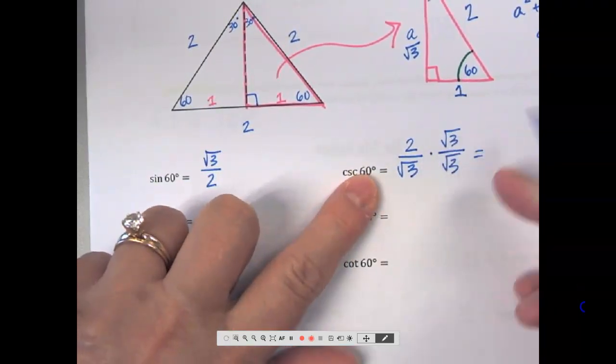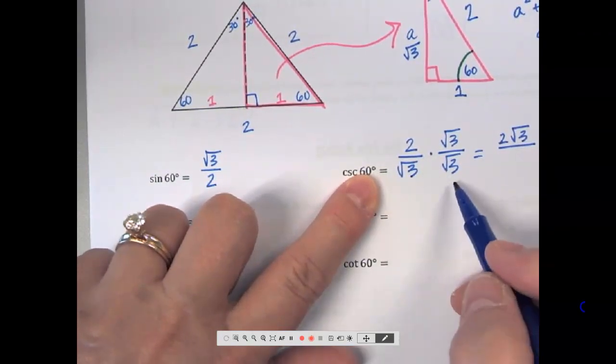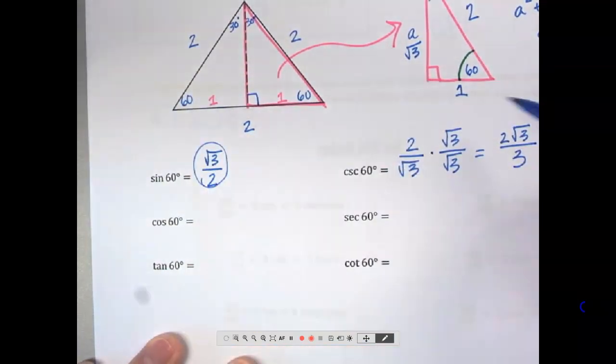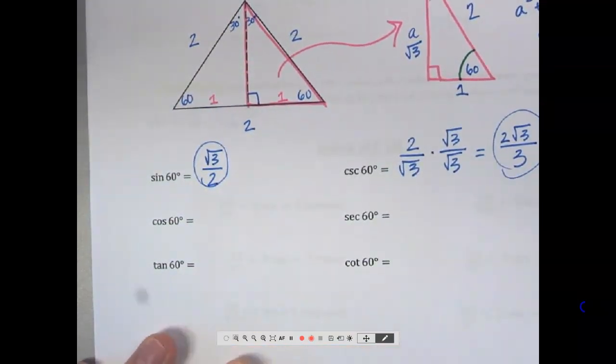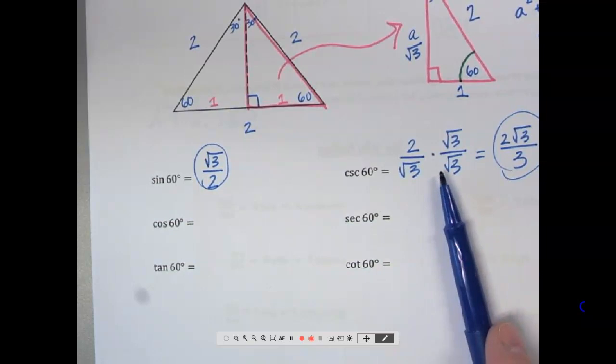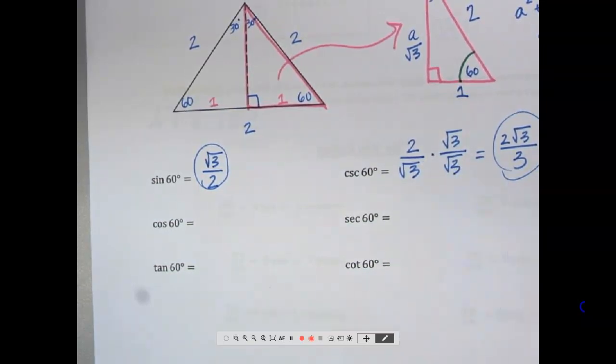And that gives me 2 square roots of 3 over square root of 9, which is plain old 3. Any questions? How many of you can just rationalize that in your head without writing out that fraction? Hopefully we'll do enough that that'll kind of become second nature to some of you.